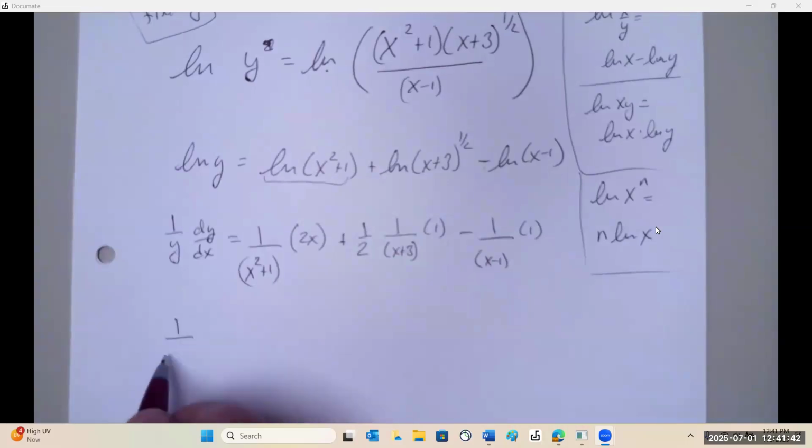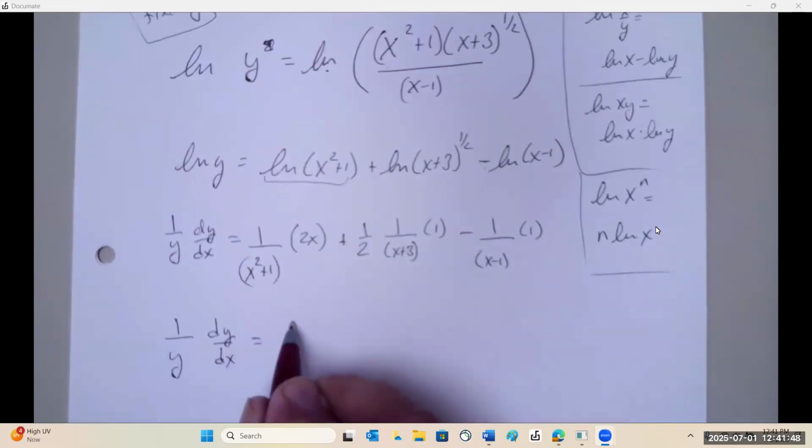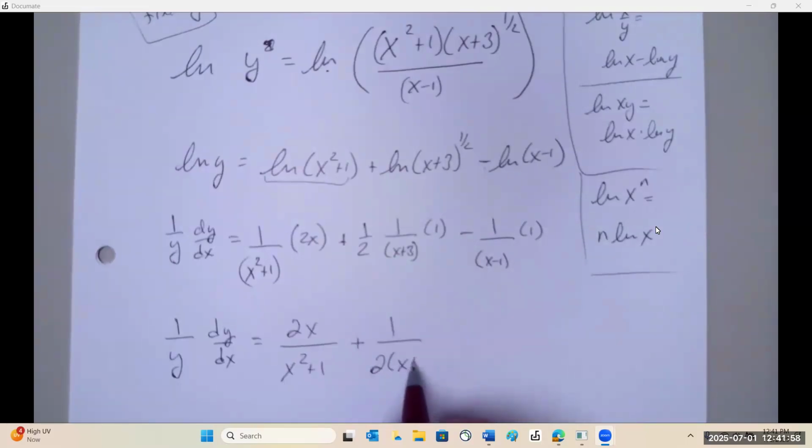So we have 1 over y dy dx equals 2x over x squared plus 1, plus 1 over 2 times x plus 3, minus 1 over x minus 1.